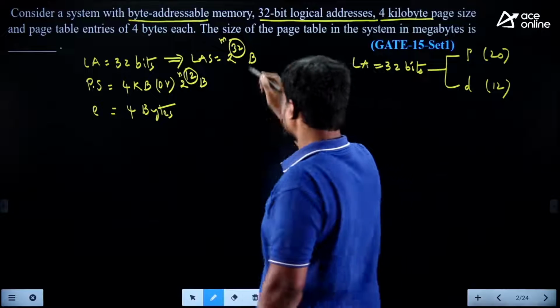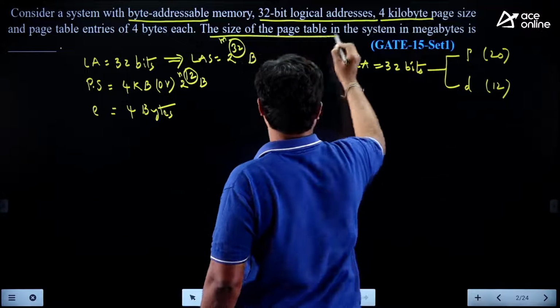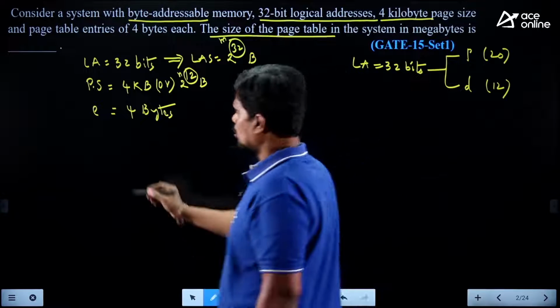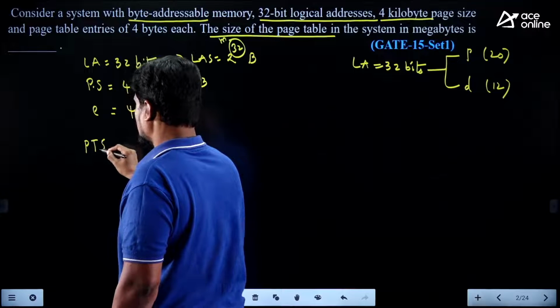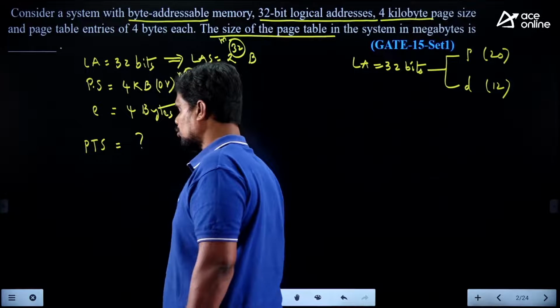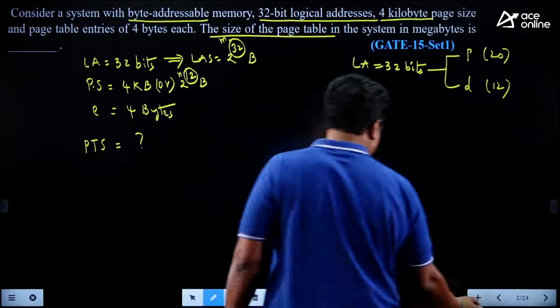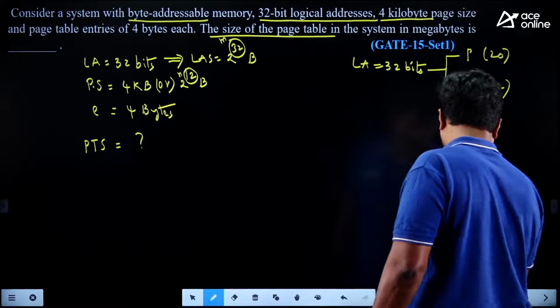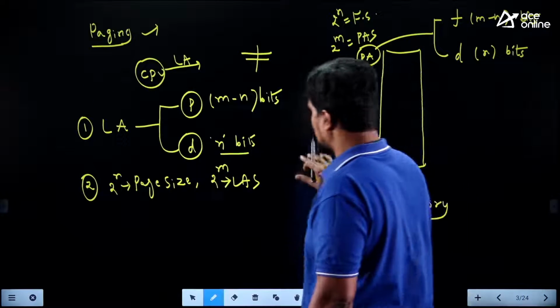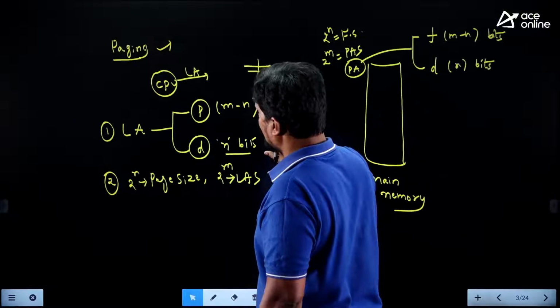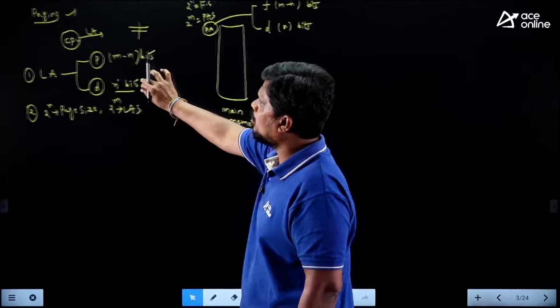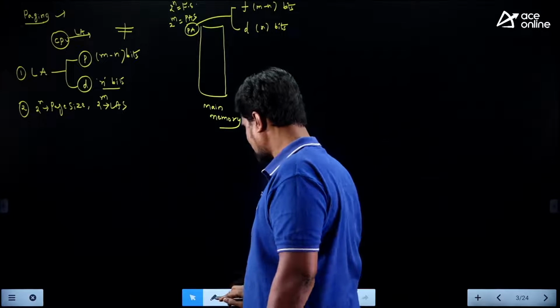Then it is asking you to calculate the size of the page table. So what is this page table size? For the diagram of the paging concept, try to recall.